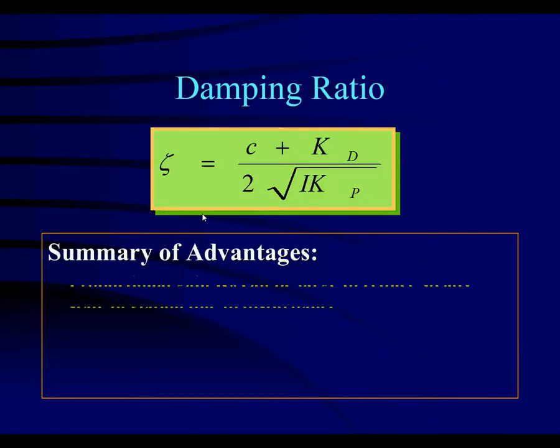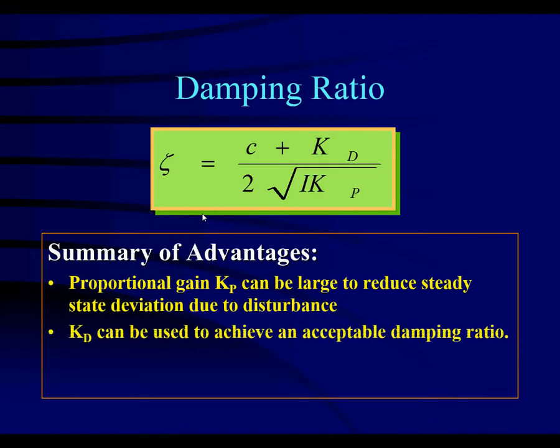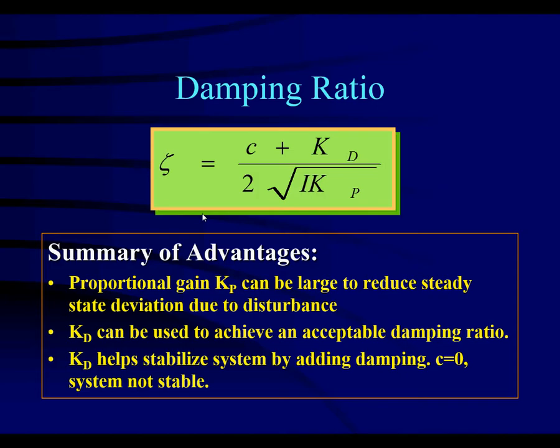This is a concept that we should take a look at. The damping ratio is in fact a measure of how much damping there is on the system, right? What are the advantages?